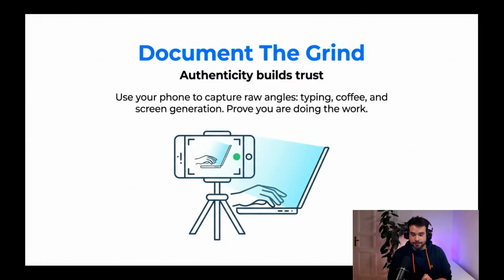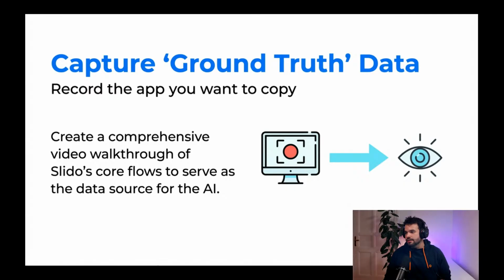So this is the first step, and we are going to document, as it says, our grind. Towards the end, we're going to be creating a time-lapse type of video, and that time-lapse is going to then have our lead magnet, which is how you get people's emails to start sales.